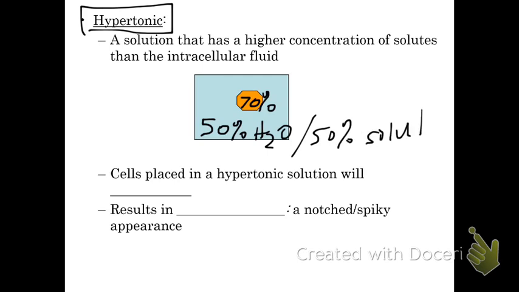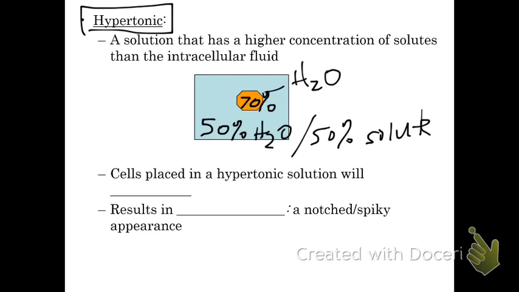So this is a very salty solution with a lot of tonicity, a lot of concentrated solutes in it. And the cell, just like our cell before, has 70% water and 30% solute. So based upon what we've talked about, what's going to happen to this cell?